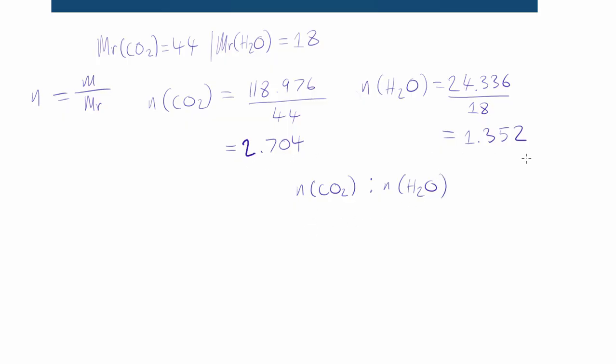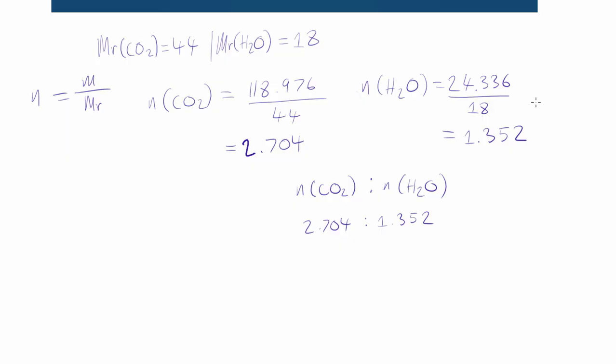And that, as we've seen here, is going to be 2.704 compared to 1.352. And our aim is to get this to a whole number ratio, which it currently isn't.